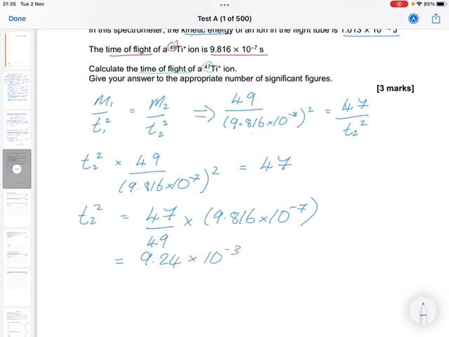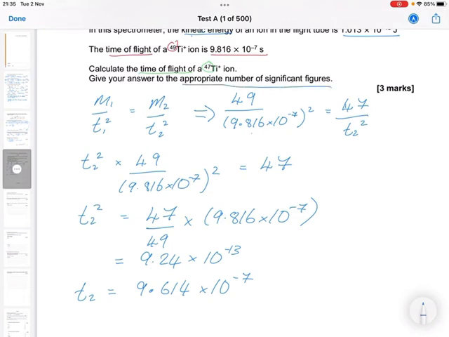Very often people forget to do the square root now of t2 squared. So t2, the square root of that, is equal to 9.614 times 10 to the minus 7. Now, one thing I missed out, which I mentioned earlier, is the appropriate number of significant figures.